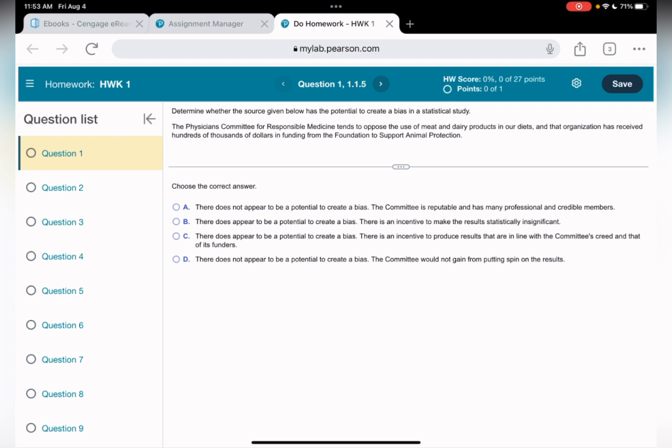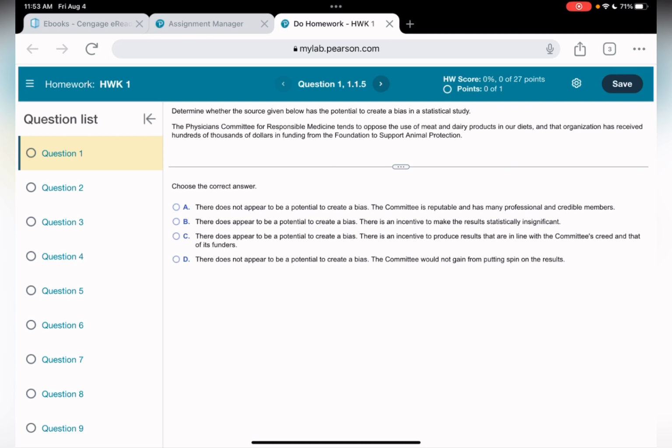Another example: there are several types of bias. I will go through every single one of them, but we are not in homework. We are going to use understanding of bias to figure out what is wrong, whether there is potential to create bias.